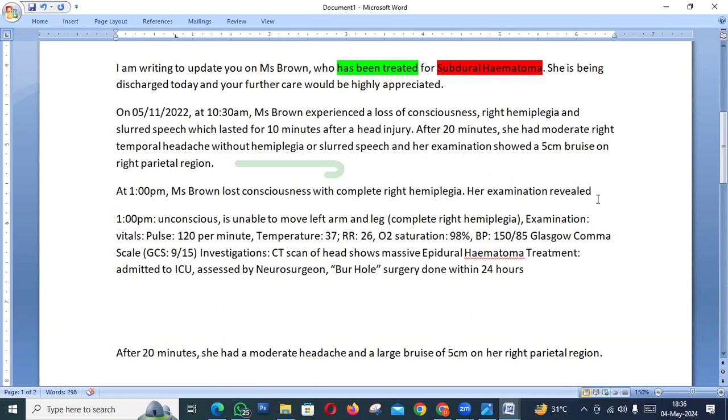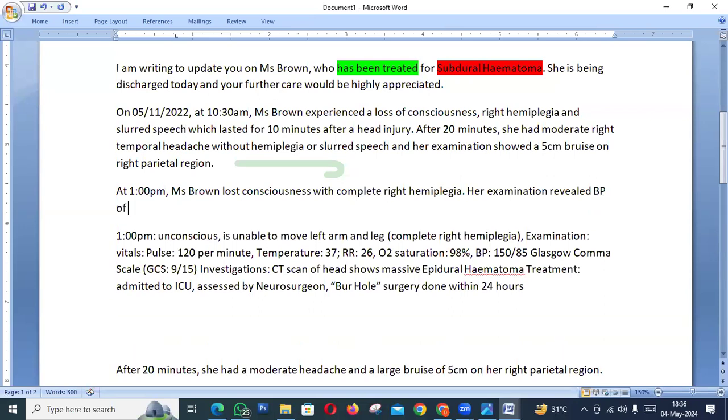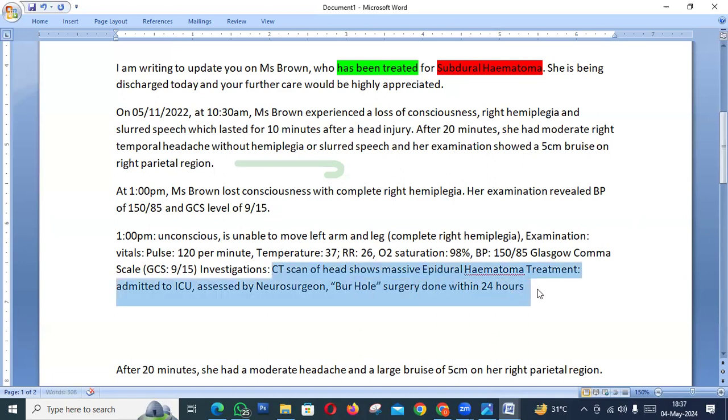Her examination revealed blood pressure of 150 by 85 and GCS level of 9 by 15. Okay, so I'm joining two pieces of information together. It looks like a good sentence. It's not bad. Then CT scan and the treatment you can join together.